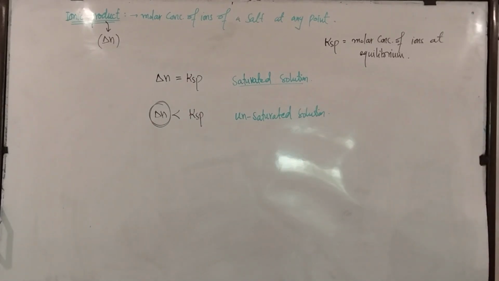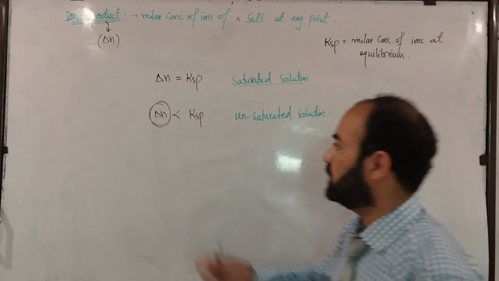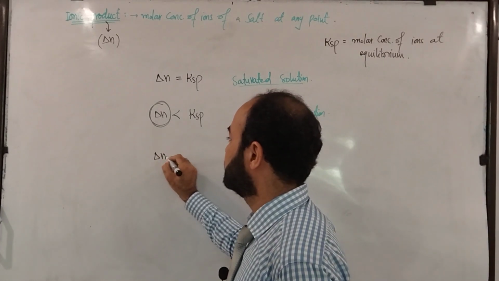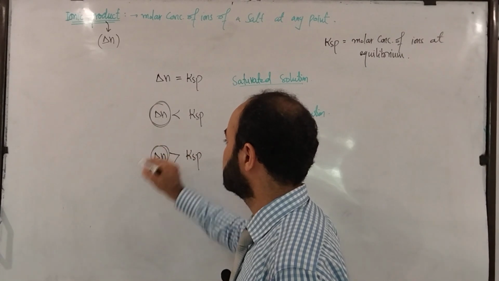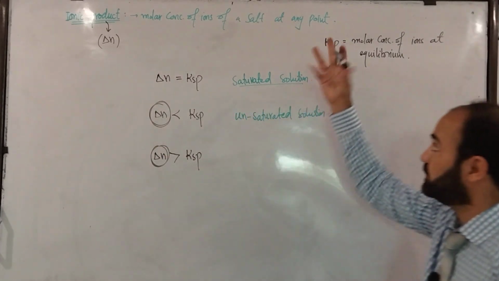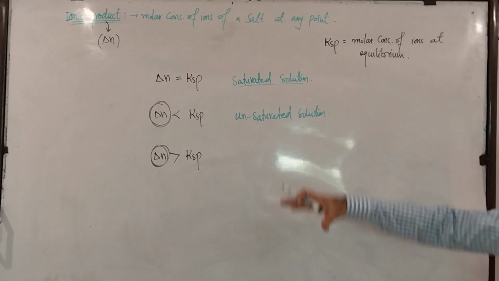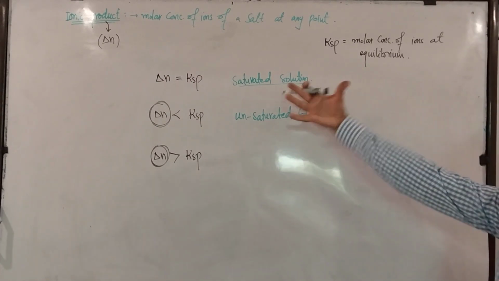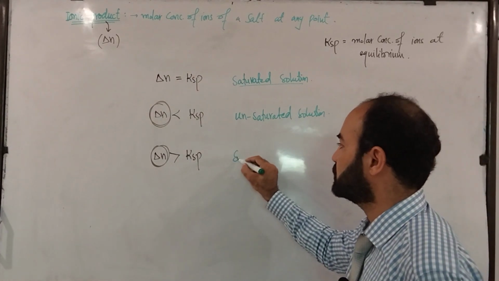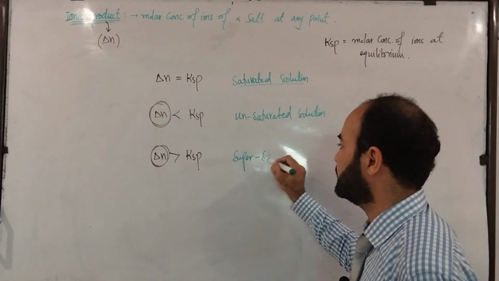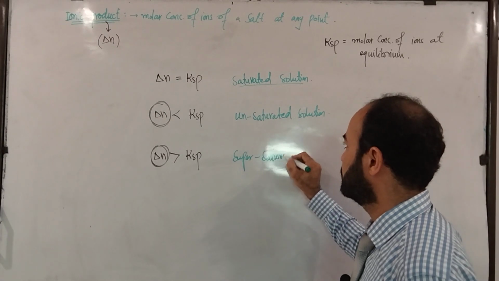And there is a third one. If delta N is greater than KSP, the ionic product, the molar concentration of ion at any point, not at equilibrium, is found to be greater than the KSP, then remember that such solutions are known as supersaturated solutions.